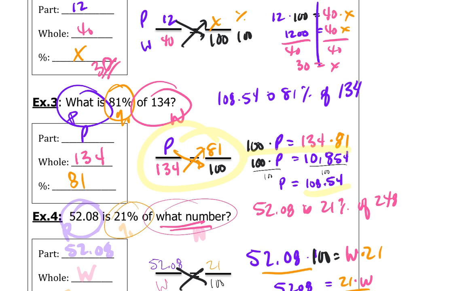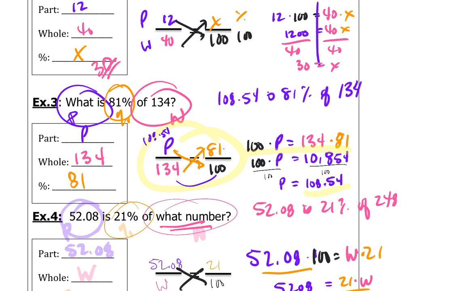Okay, and some of you, if you're wanting to check, you should probably just write this out. This would be 108.54. Does that make sense? You're looking at it and saying, well, it should be smaller than 134 because 81 is smaller than 100, and it should be bigger than 81 because 134 is bigger than 100.